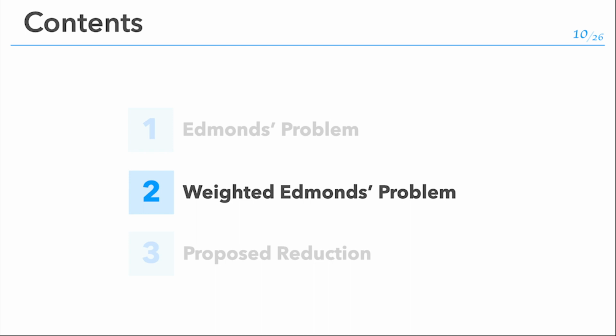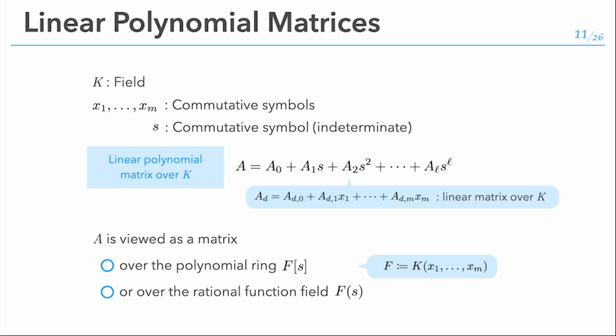In the next section, I talk about weighted version of Edmonds problem. Okay, I introduce linear polynomial matrices. Let K be a field again, and I first talk about commutative setting. Let x1 to xn be commutative symbols, and let also I introduce an extra symbol, indeterminate s. Here s is also commutative, commutes with any element in K and x1 to xn.